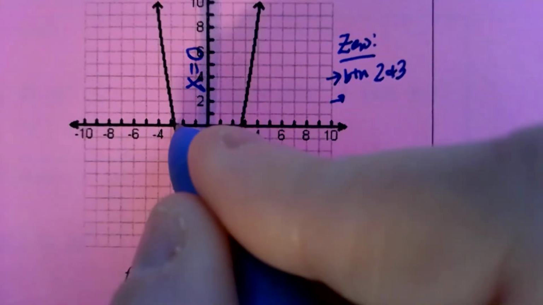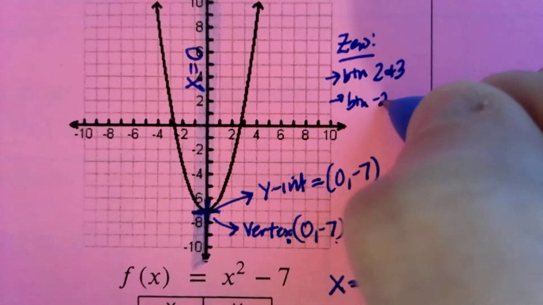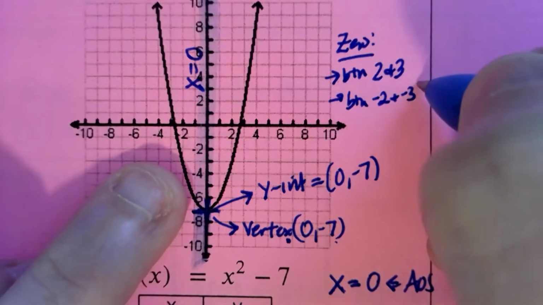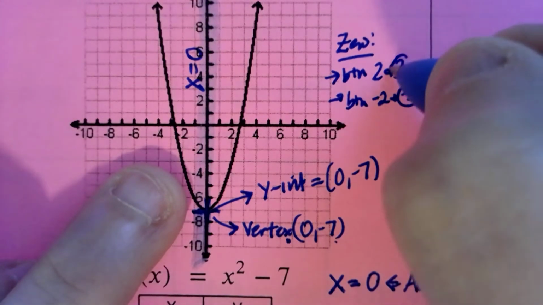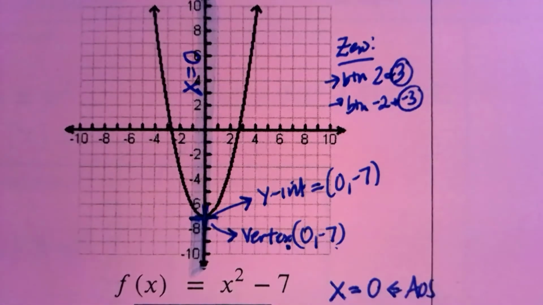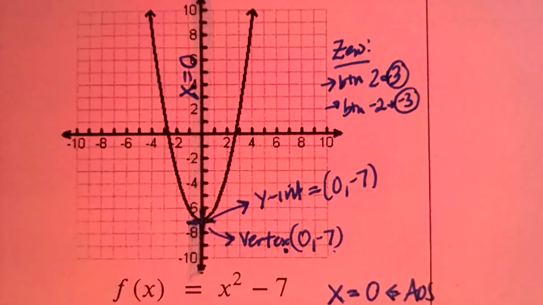I've got another one between -2 and -3. Now, it's closer to 3, it's closer to -3, so I'm going to circle -3 and circle +3. That way, if I'm looking at answers and they have like 2.2 and 2.8, I'm going to pick 2.8 because it's closer to 3. Kind of make sense?